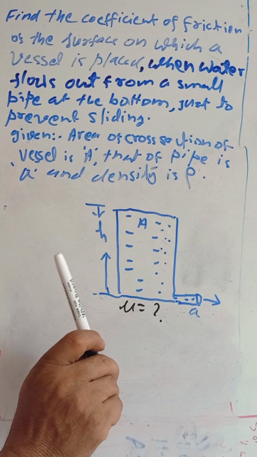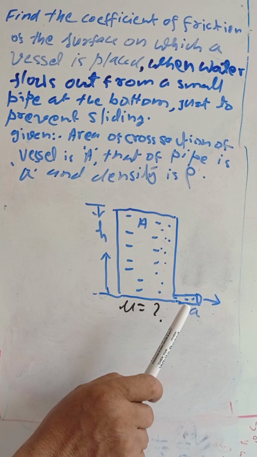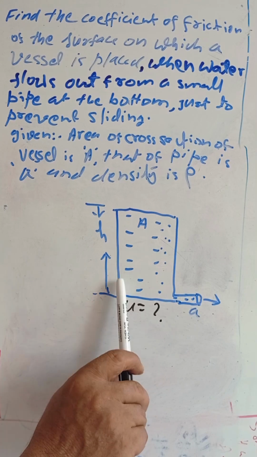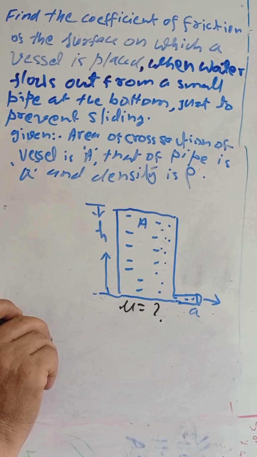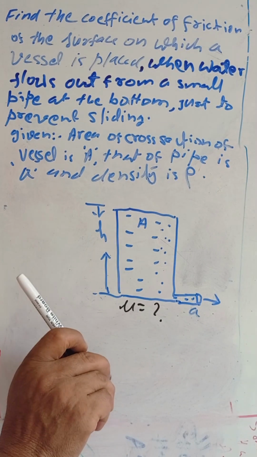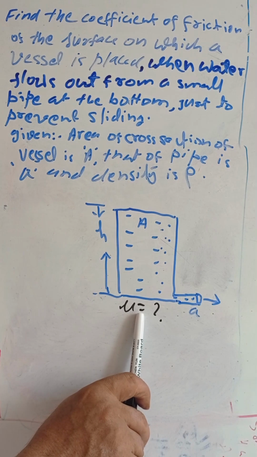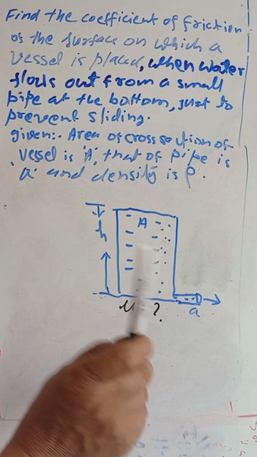Whenever something is moving, there is a change in the momentum, so because of that, a force arises. That force will push back this vessel on the ground, which will cause sliding. But if the friction is sufficient, it will not slide. So that's what we want to know: what is the coefficient of friction so that the vessel does not slide when water flows out?